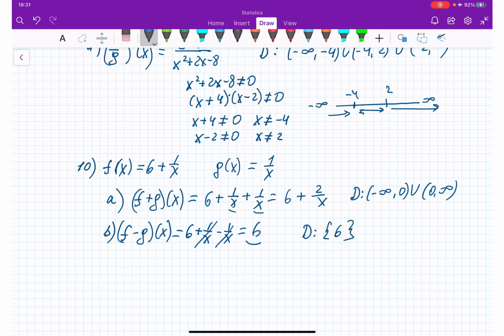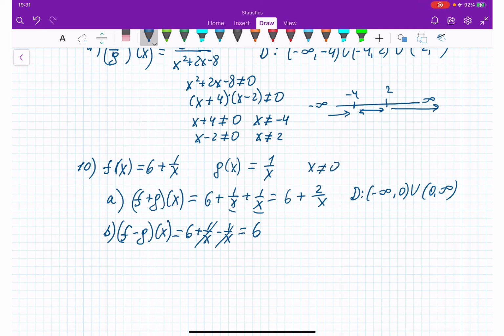But I cannot do that. Why? Because my original function has division by x, and I can't ignore it. So when I have division by x there, I have to have the condition that x cannot be equal to 0, right? x cannot be equal to 0.